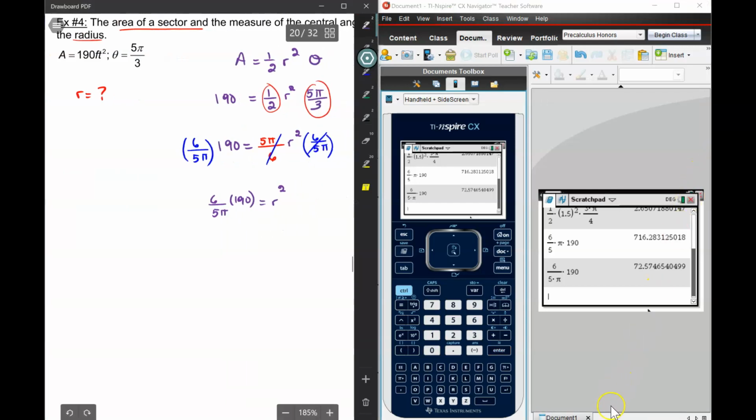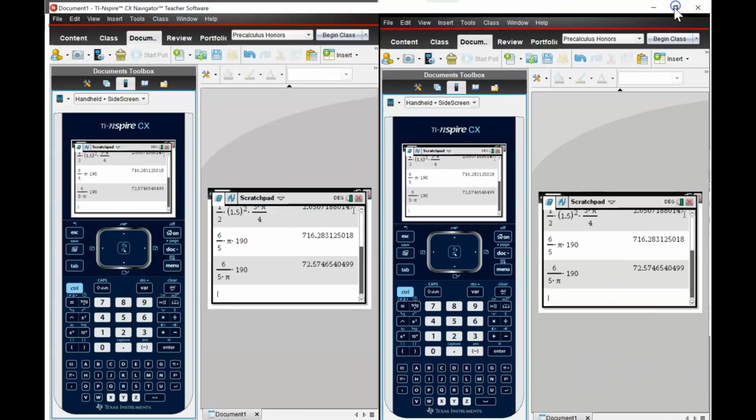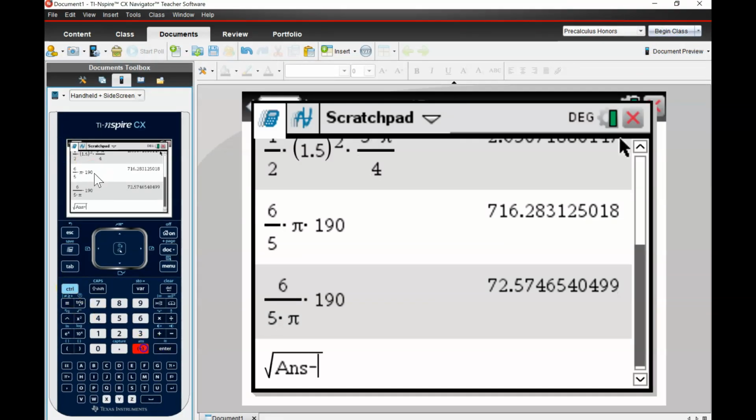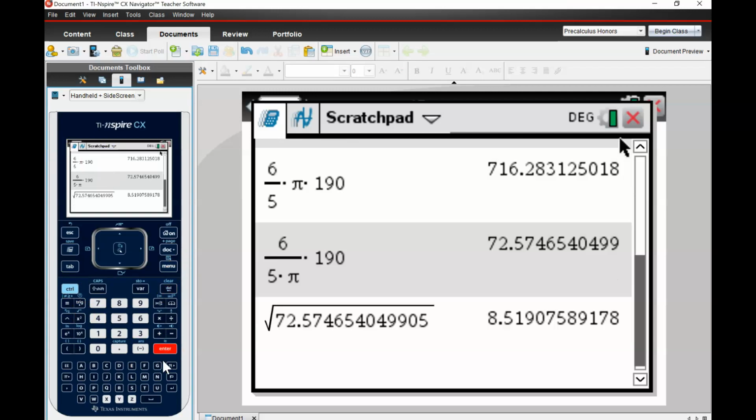All right, so look at what I do. I say r squared is 72.57. Now, I need to square root both sides, right? But here in my calculator, I don't type the number again. I just say square root of the answer. That way, I get the full-blown answer in there, and it's 8.5.